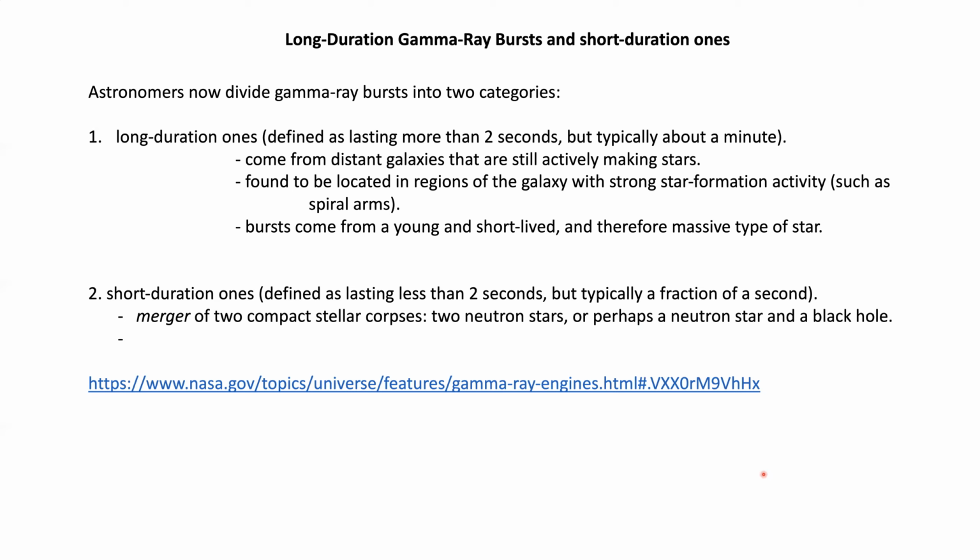Now, for spiral arms, you will see that galaxies are mainly divided into different categories. Two of the main categories are spiral galaxies and elliptical galaxies. For example, our own Milky Way is a spiral galaxy. The spiral galaxies have these spiral arms. Right?